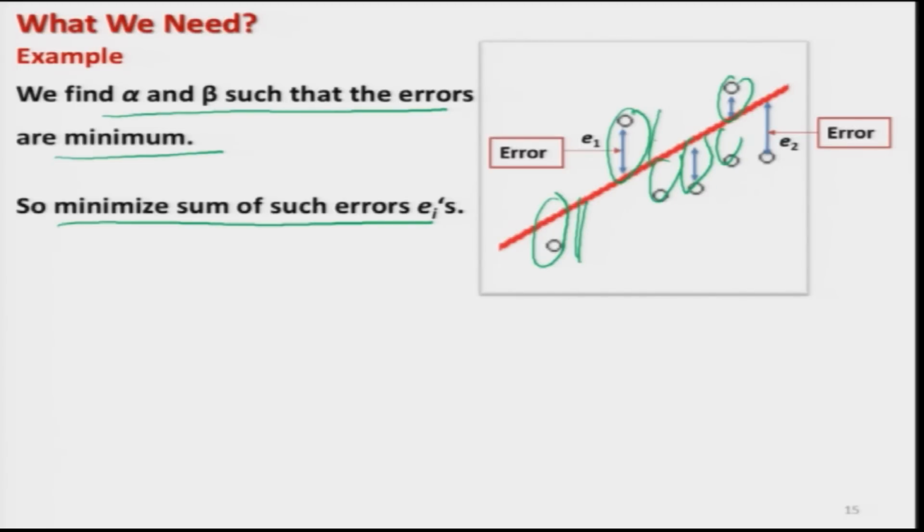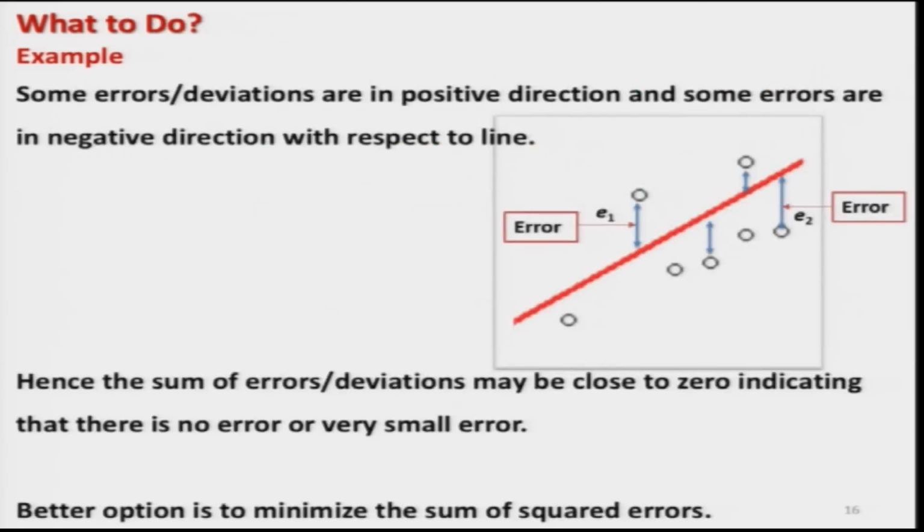I can simply measure each error, take the sum of all the errors, and minimize it. But these errors are measured with respect to this red line. This observation has an error E1, and it is above the line. This second observation, with error E2, is lying below the line.